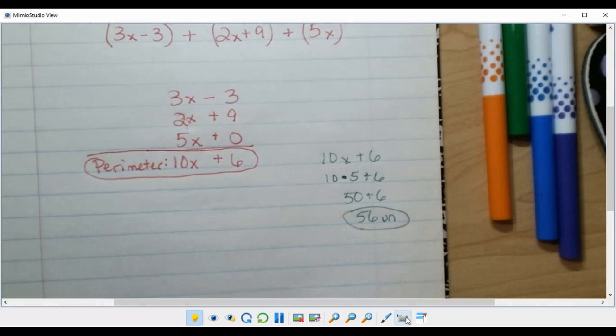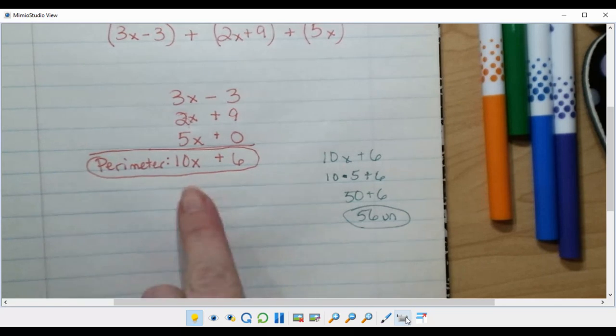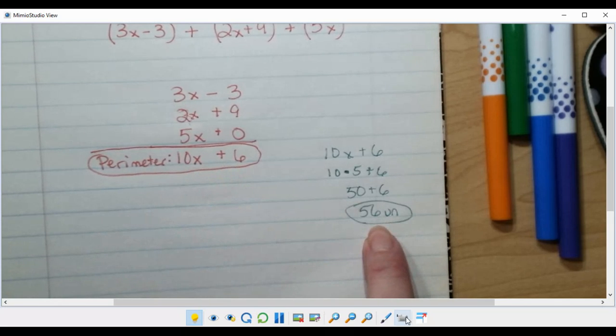So whatever measurement, centimeters, inches, feet, whatever, it would be 56 of those units if x was 5. If x was something else, this would be a different answer. So there's two answers to this problem because there's really two things they're asking for: an expression for the perimeter and then an exact value based on a what if situation.